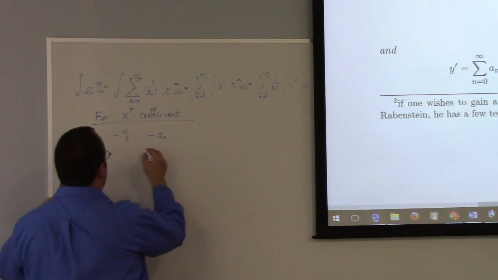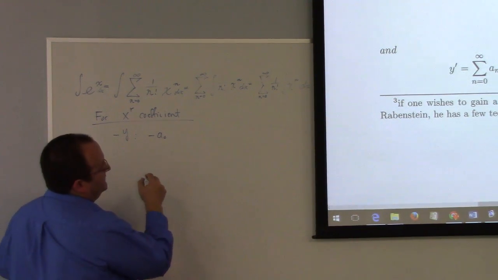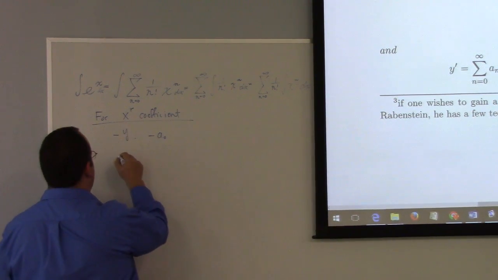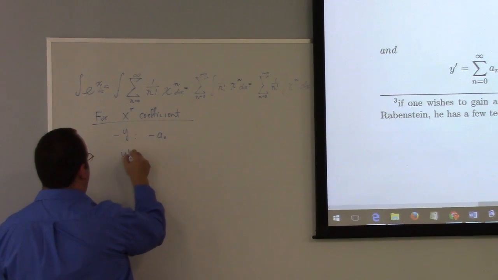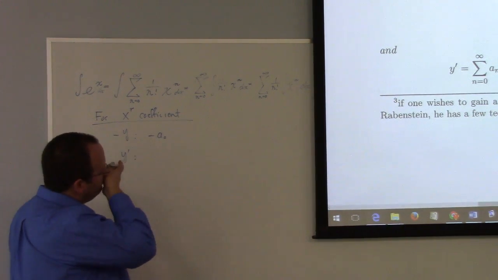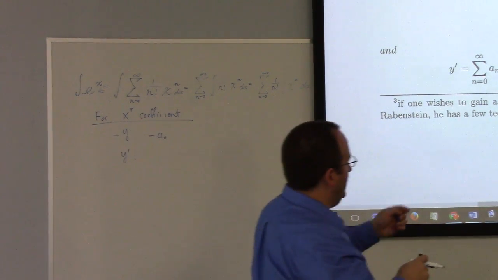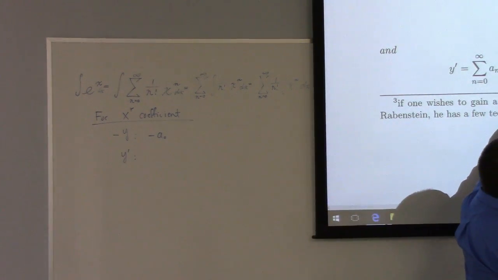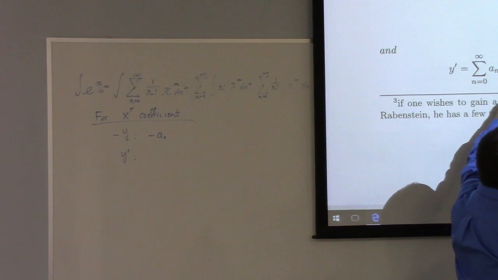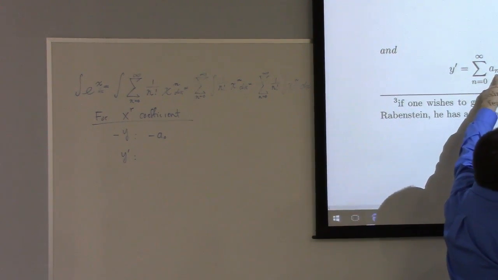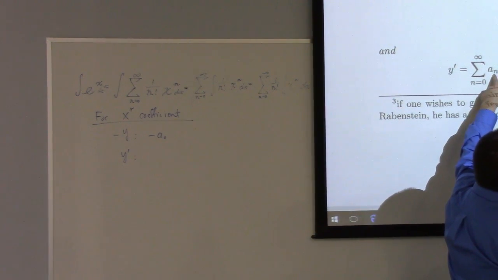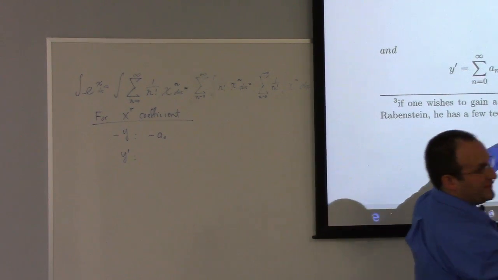And from, what's the other term? Plus y prime, what do we get? To get this to be x to the r, what do we need to do? Put n equals 1 again, right? But this time that puts this to be a sub 1 times 1 plus r, right?